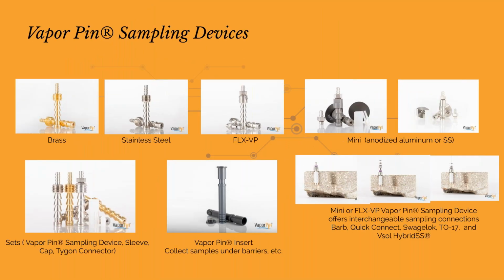I'll just touch briefly on the tools of the trade that we have invented at VaporPen. There's the first two there, the brass and stainless steel, which are the normal vapor pens that most people are familiar with. We do have the Flex VP, in which the barb comes off so you can make connections to other kinds of equipment, like quick connect valves and swage locks and those kinds of things.